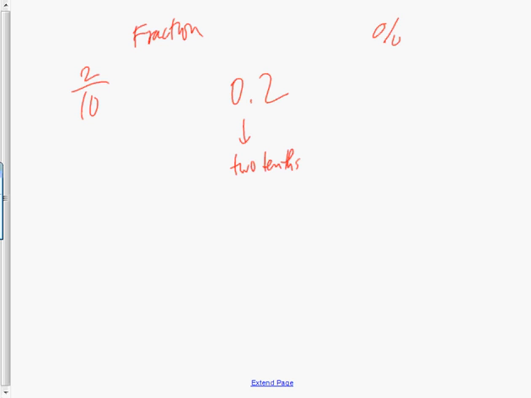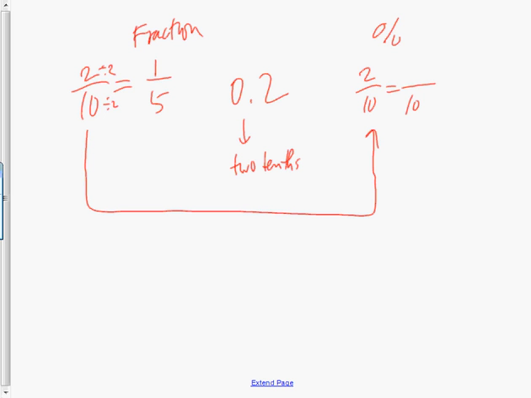So for 2/10ths, that is a fraction, but it's not in lowest terms, because both the numerator and denominator share a factor of 2, which makes it, in lowest terms, 1/5. As a percentage, I'm going to use this fraction to help me get there. So 2/10 is equivalent to how many hundredths? I would multiply my denominator by 10 and my numerator, which means as a percentage, 0.2 is 20%.